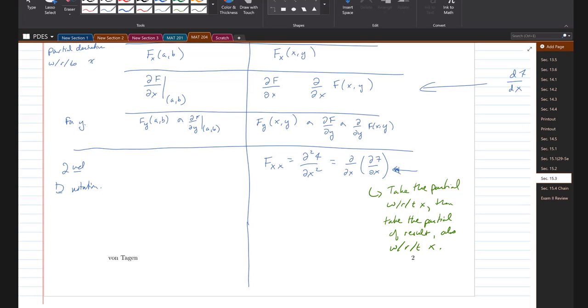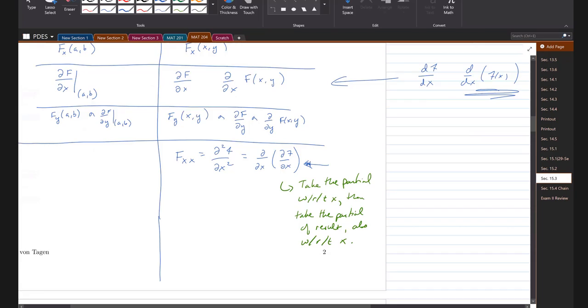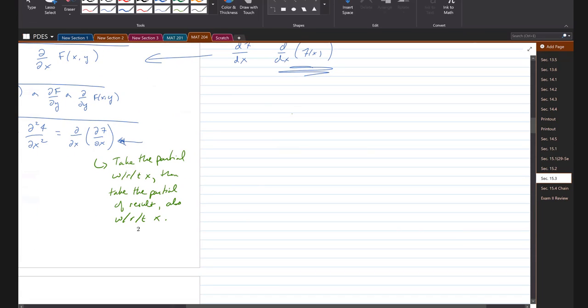This fits with what you did in Calc 1. If you remember, if we had f of x equal to, let's say, x cubed, we could represent the derivative this way. That's 3x squared. And then the second derivative we could do this way, which would be 6x. But we could also use Leibniz notation. When I took the first derivative, I wrote this. And when I took the second derivative, this is how you write it in Leibniz notation.